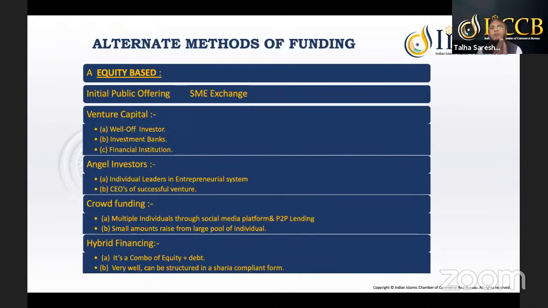Mind well, if you have these three things in your company, there would be a queue outside your business of venture capitalists and angel investors lining up to join hands with you, because it's a win-win situation for them and for you.